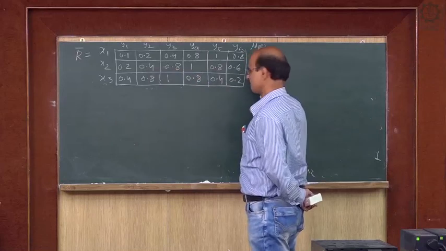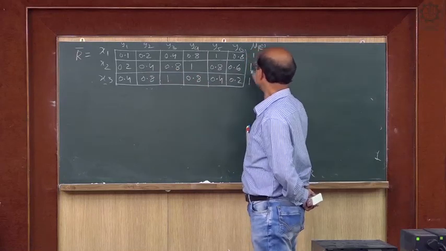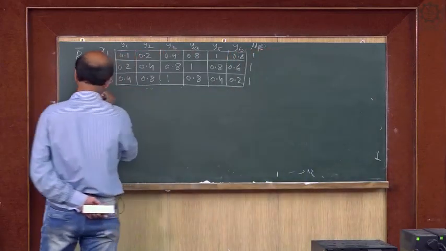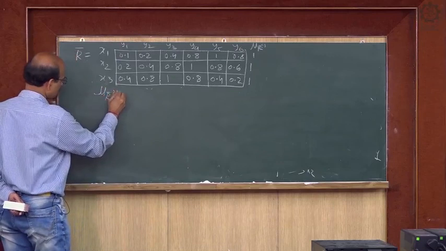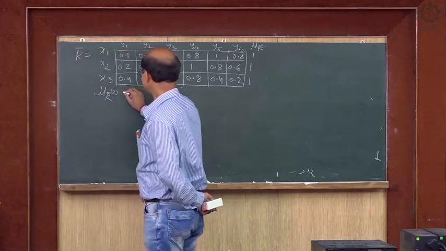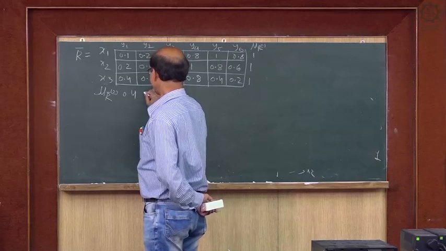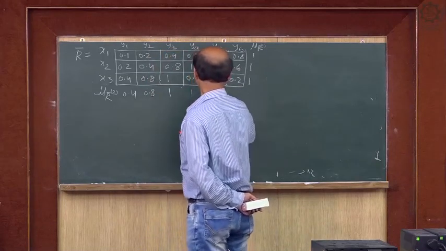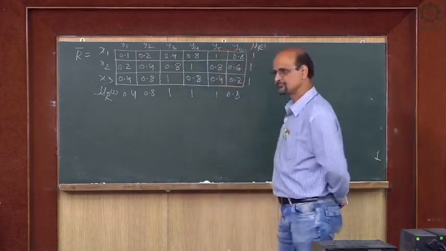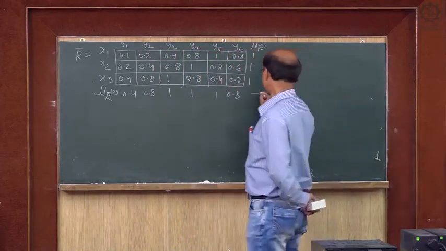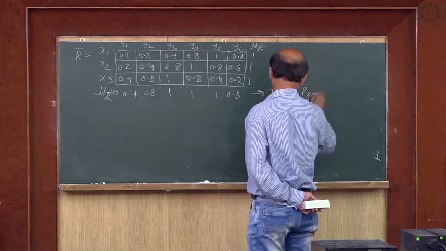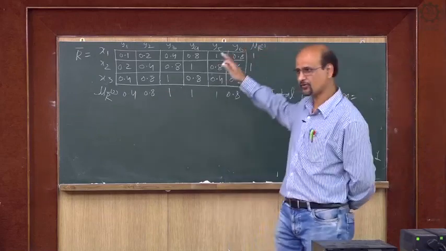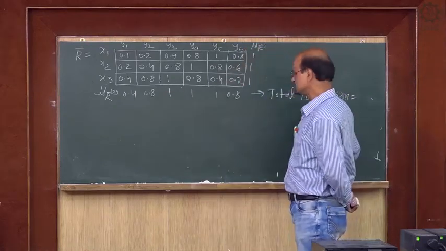Here 1. Here 1. This is your mu R1. These are the projections. Similarly, for the second, mu R bar 2, this is 0.4, 0.8, 1, 1, 0.8, 0.6. First projection, second projection. So, what will be the total projection? If you remember, total projection was the maximum over both x and y. So, what is that value? 1.